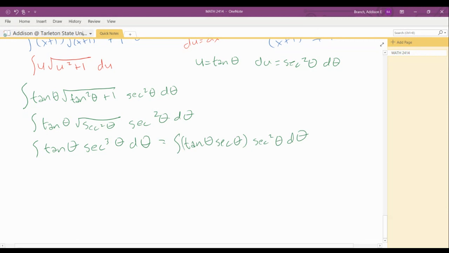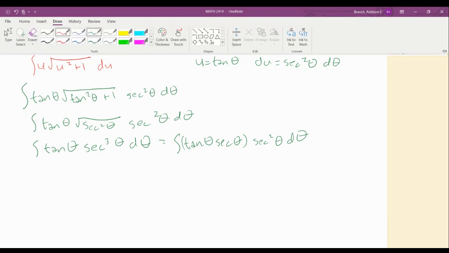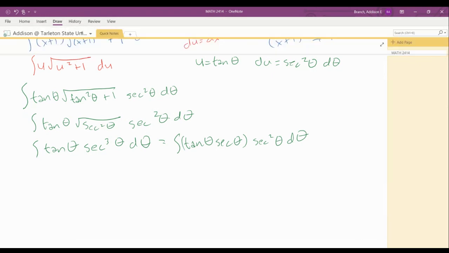Now we are in a good spot to do another u sub. I'm going to call it v since we already have a u elsewhere. We are going to say that v is equal to secant of theta, and dv is secant tangent d theta.